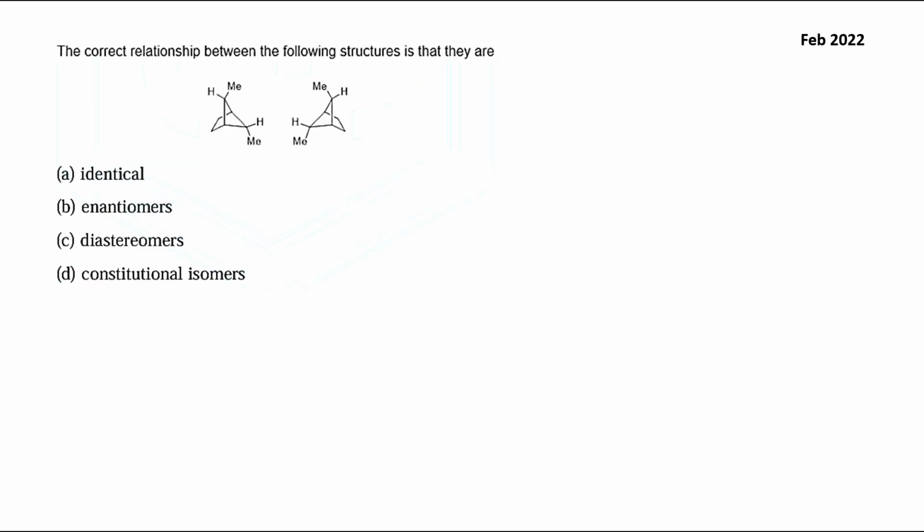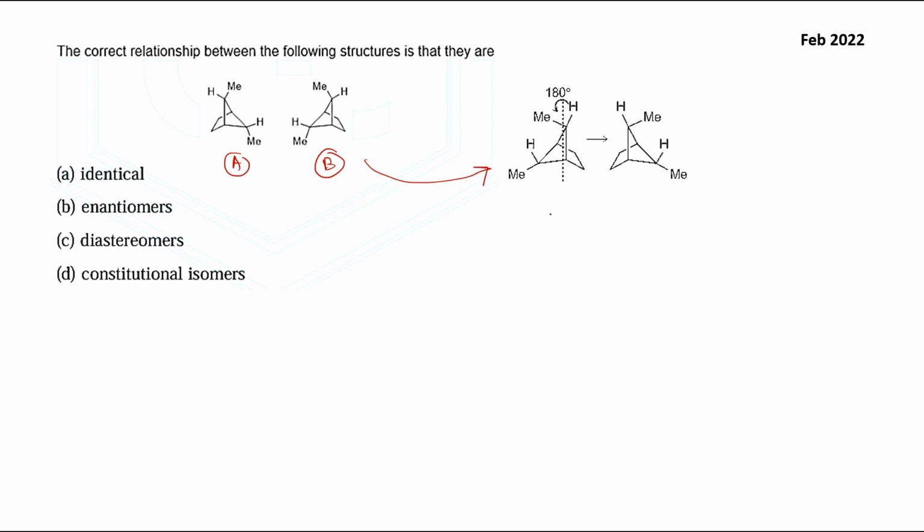The correct relationship between the following structures: identical, enantiomer, diastereomers, constitutional isomers. Suppose this molecule is A and this one is B, right? Now B molecule, if I rotate it 180 degrees, see it is same as B, this is B and 180 degree rotation.